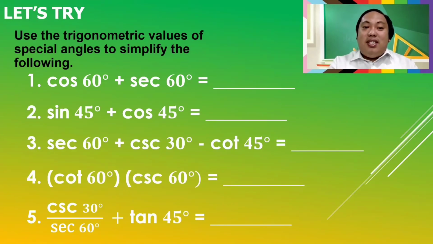Number 3, secant 60 degrees plus cosecant 30 degrees minus cotangent 45 degrees equals blank. Number 4, cotangent 60 degrees times cosecant 60 degrees equals blank. Number 5, cosecant 30 degrees over secant 60 degrees plus tangent 45 degrees equals blank.